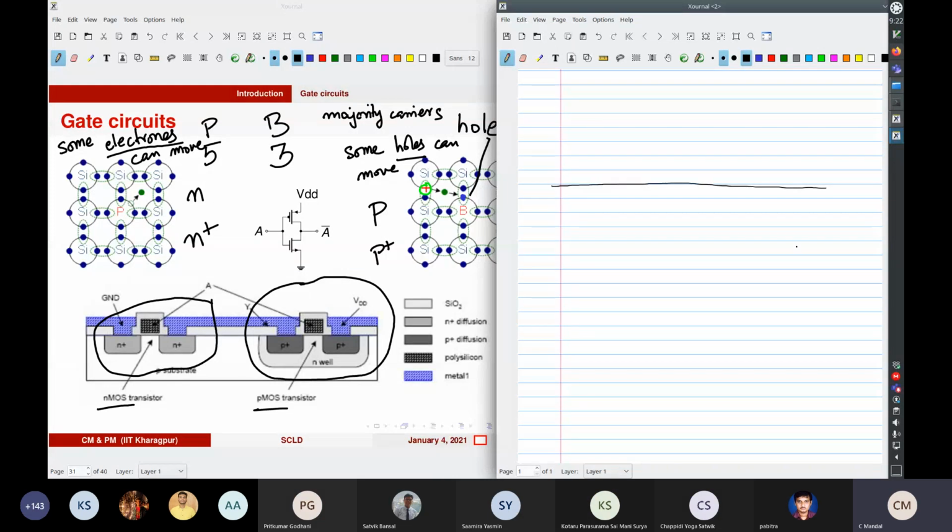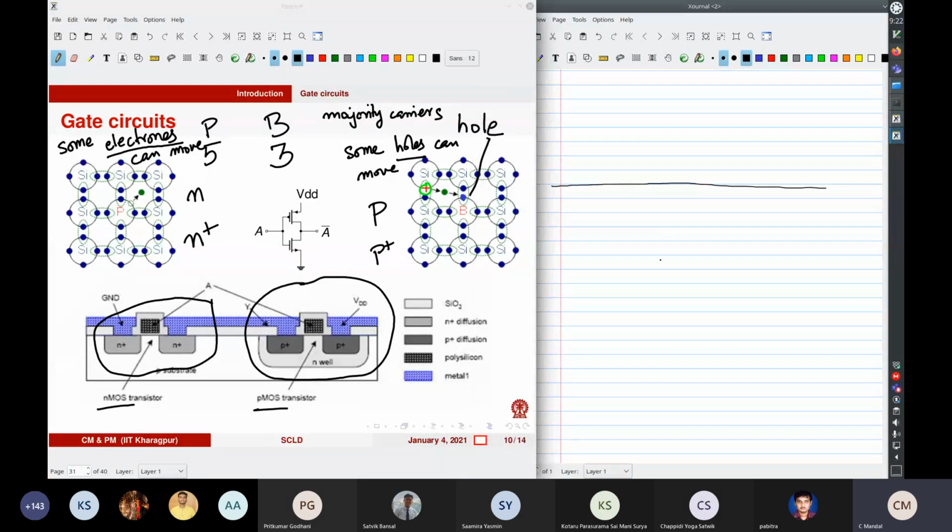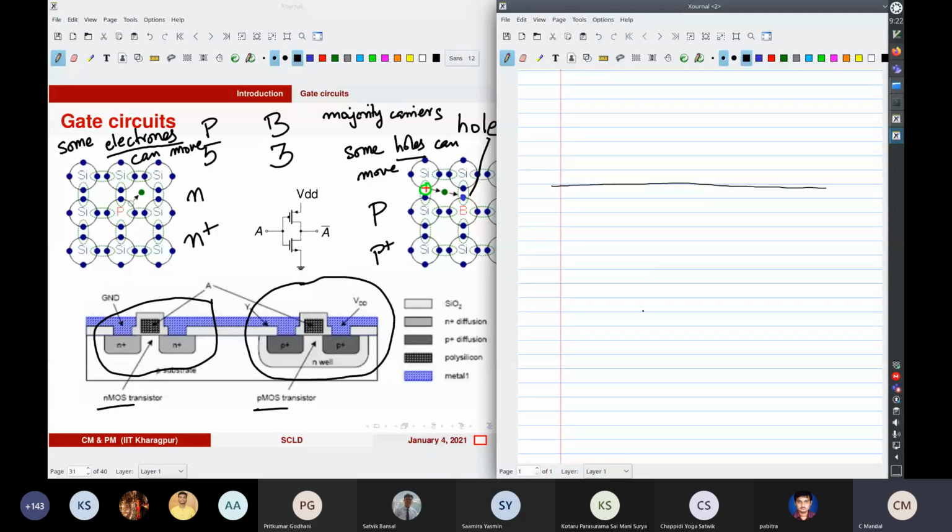Thanks for pointing out. Okay, so this is your substrate. So here you have what you call a p-type substrate. All right, and in that you can create wells.